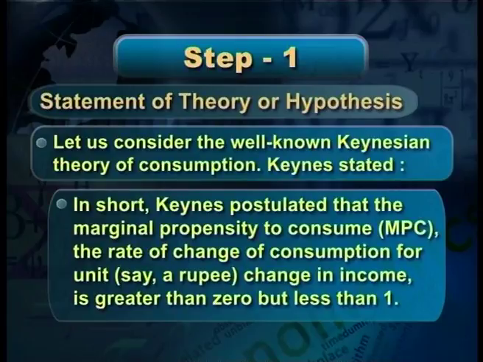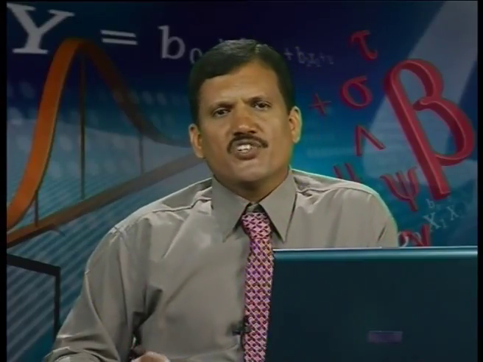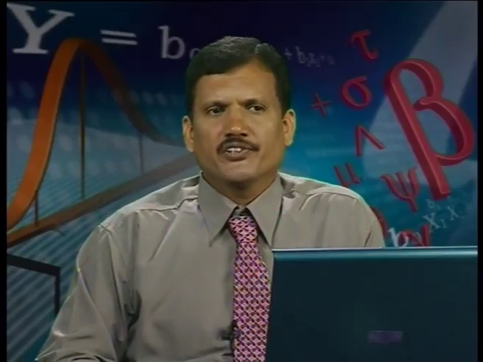What is it? According to Keynes, if 1 unit change in income occurs, the marginal rate of change of consumption is greater than 0 but less than 1. In short, if income increases, our consumption will also increase, but how much?